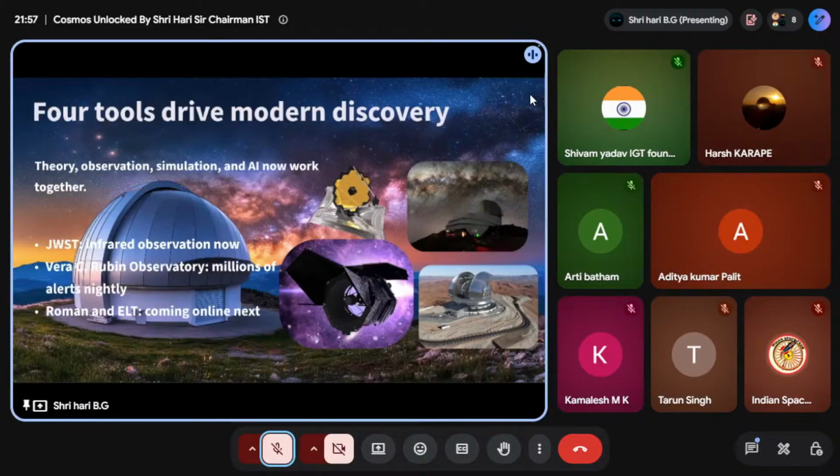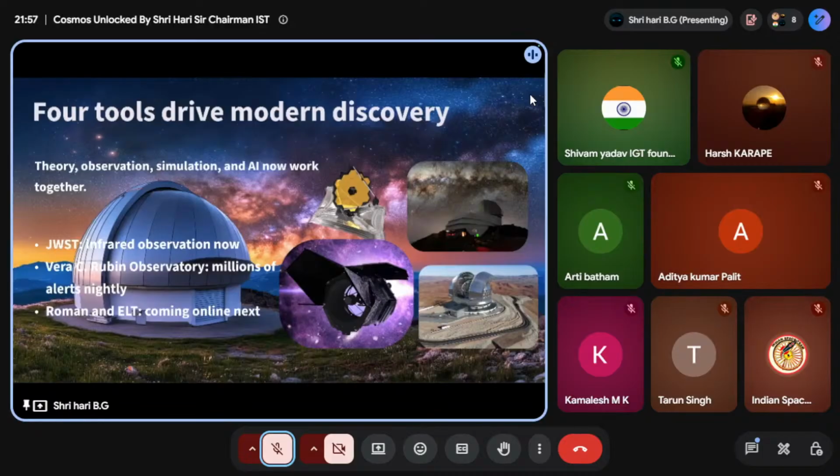And these telescopes are coming online soon. And this is the golden age of discovery, and you are arriving at the perfect time for this field. So these were all four tools we have right now, the four telescopes.